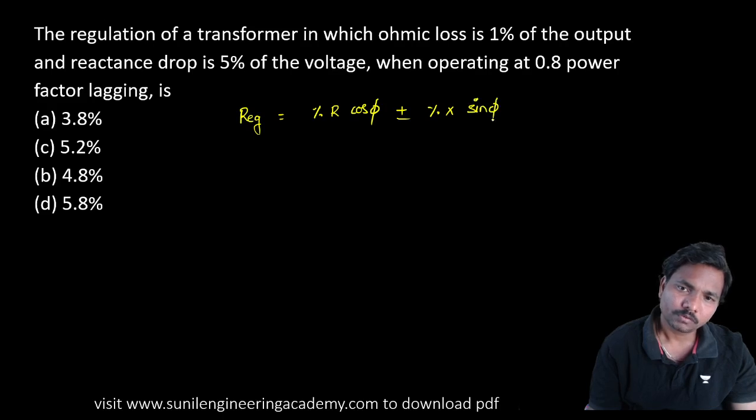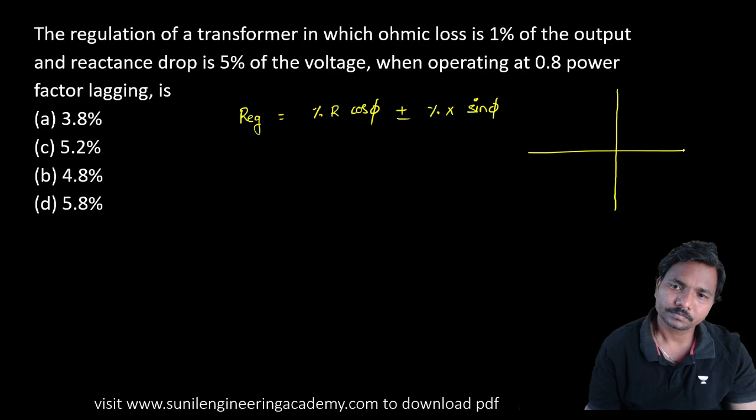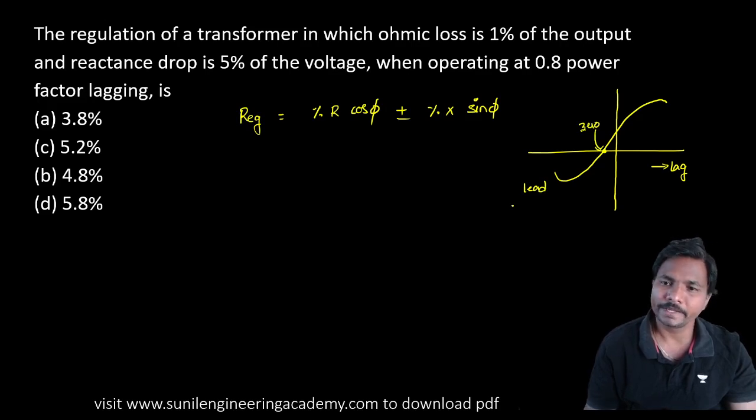So we know very well the regulation curve. Coming to the regulation curve, this part belongs to lagging and this belongs to leading. Regulation is 0 in case of leading only. In lagging, it is always positive.